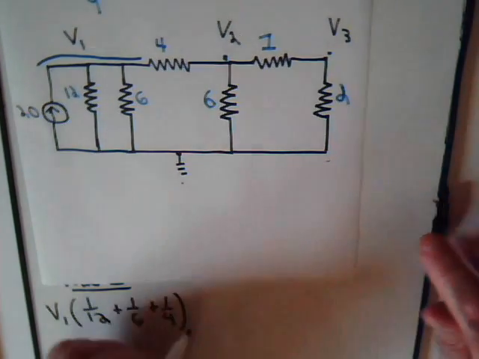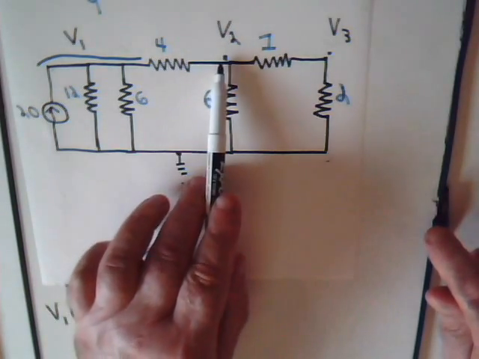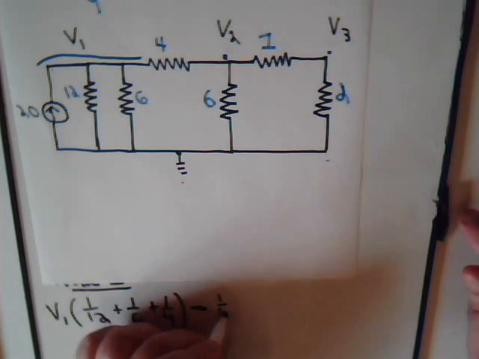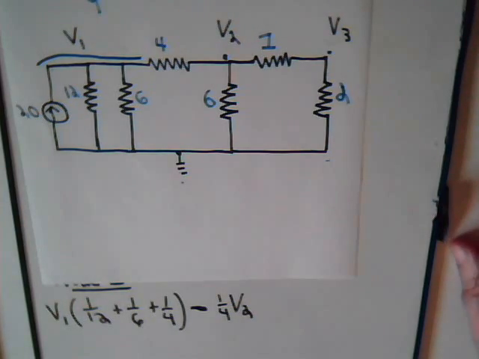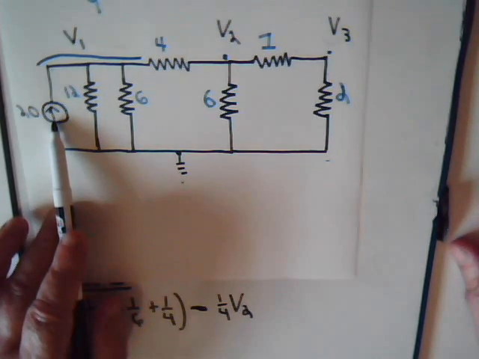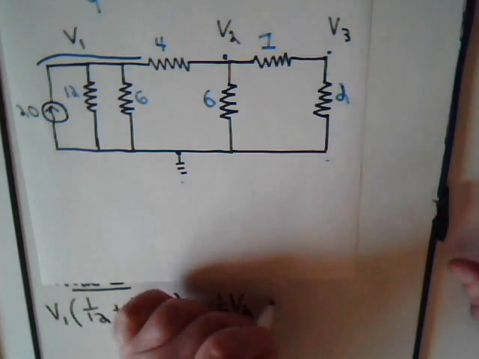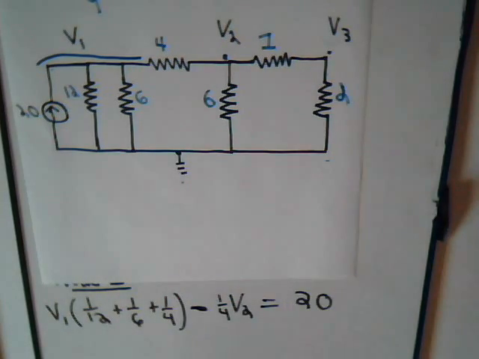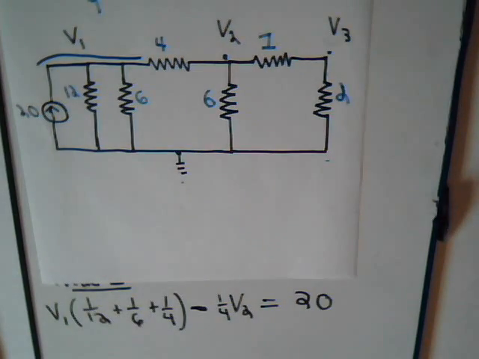So here we're going to have minus, the other end of this resistor is at potential V2, so we have minus 1/4 times V2, and here we have 20 amps going into the node, so we designate that by writing 20 on this side of the equation as a positive number, because the 20 amps goes into the node. So there's the equation for node 1.